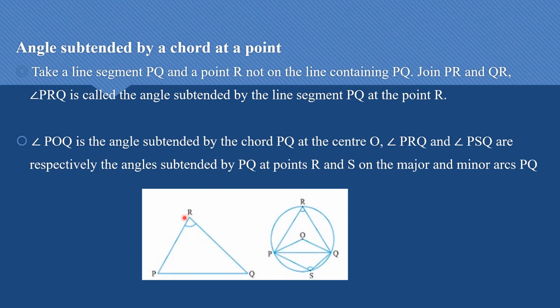Angle PRQ is called the angle subtended by the line PQ at the point R. Similarly, in the next figure, angle POQ is the angle subtended by the chord PQ at the center O. Angle PRQ and angle PSQ are respectively the angles made by the chord PQ at the points R and S on the major arc and the minor arc PQ.